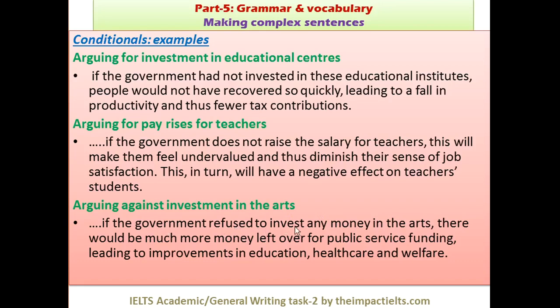If the government refused to invest any money in the arts, there would be, you can see the structure, there would be much more money left over for public service funding. Now you can understand that this is just imaginary. Actually, the government is not refusing to invest. They are investing money in the arts, and so there is no money left for public service funding, additional funding.